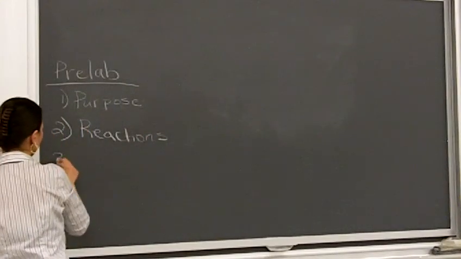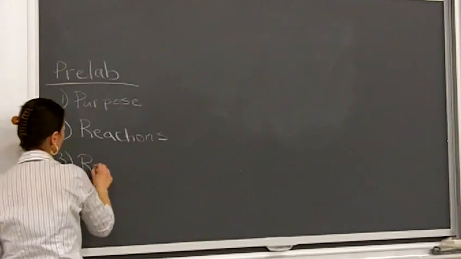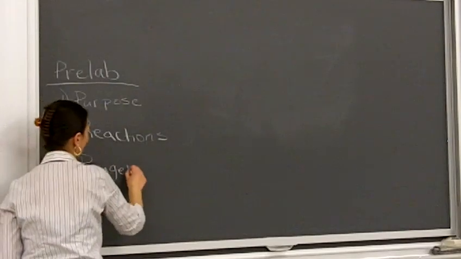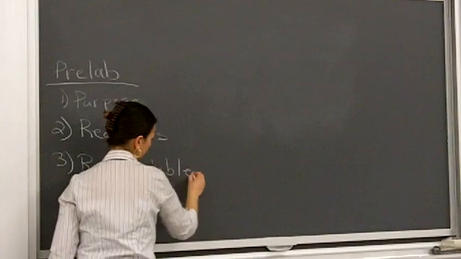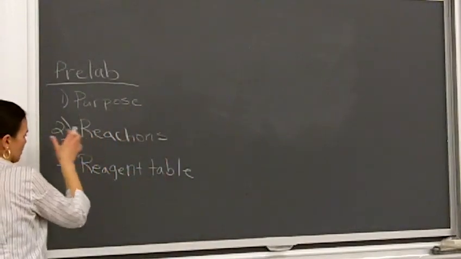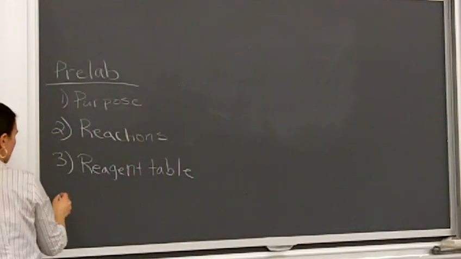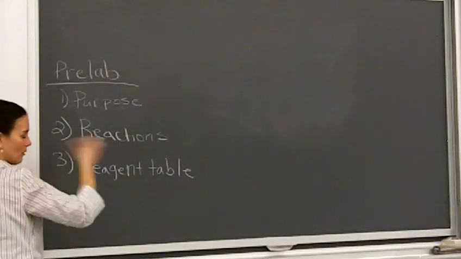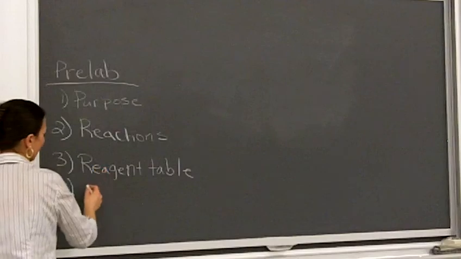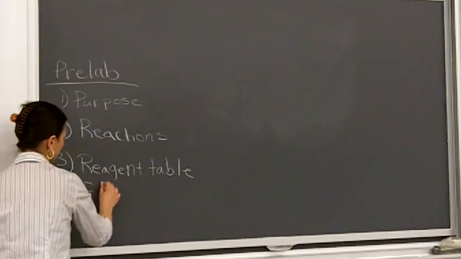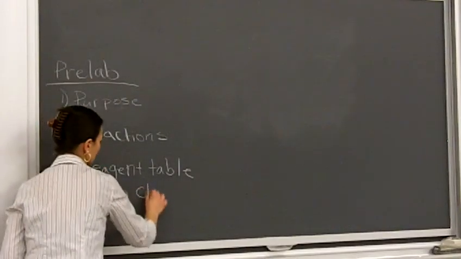You will need a reagent table, and that reagent table should be for the chemical test and the solubility test: what reagents you're using for solubility and what reagents you're using for the chemical test. That's saying you could potentially have any unknown, all right? Then you have the flow chart, which I've shown you, okay?